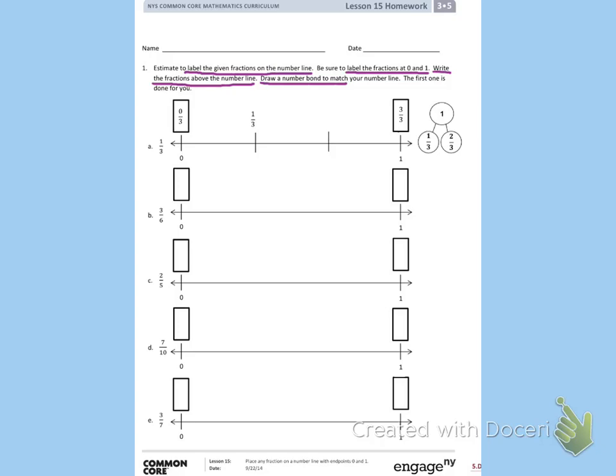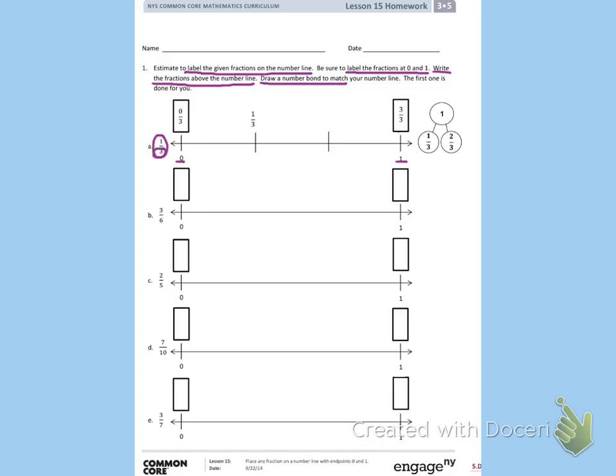The given fraction is located right here. The given fraction is 1/3. As you can see, the 0 and the 1 are the endpoints and already labeled. 1/3 shows a 3 on the bottom, which indicates that there are 3 equal portions of this number line.